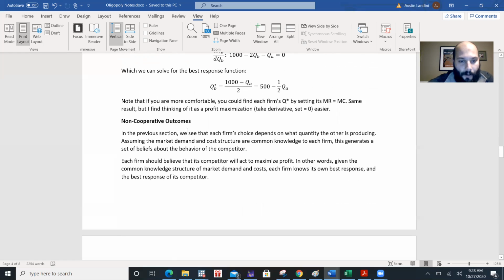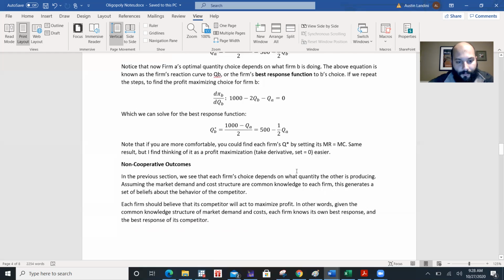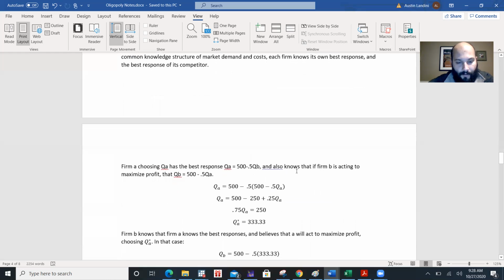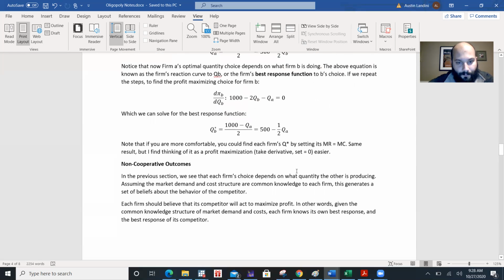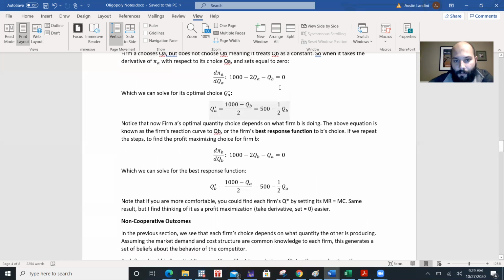So let's talk about what happens if they don't cooperate in any way. They can't communicate, they can't talk about what the optimal quantity choice is, but they do know this: each firm knows their own best response function, and they also know the best response function of the other firm. Everything is perfect information right now. So let's consider A's optimal quantity choice here. Q star A equals 500 minus 1/2 QB.